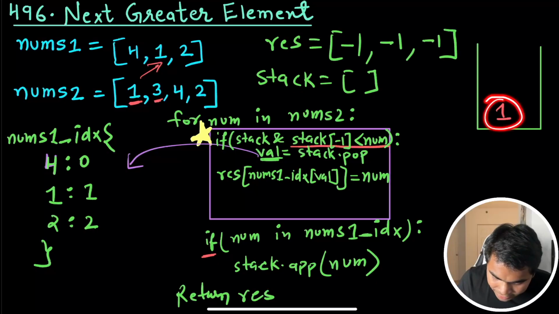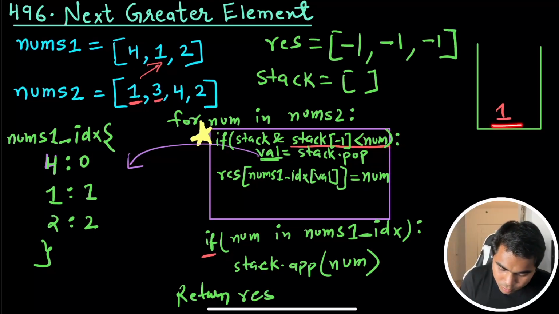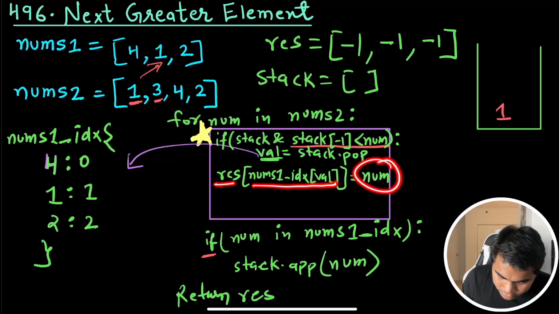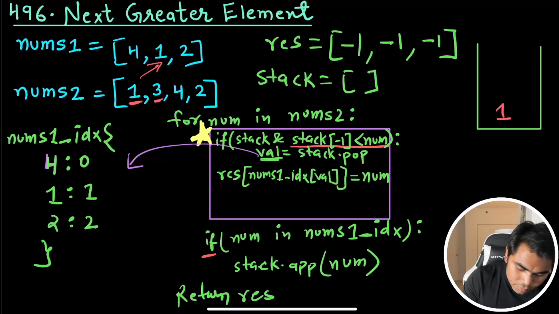So let me find the index of 1, because I found a value greater than 1. I will find the index right here and put that value inside my result. So I popped this value 1, and I found its index here, which was 1. Then I went to my result at 1, and then I put that num right here.